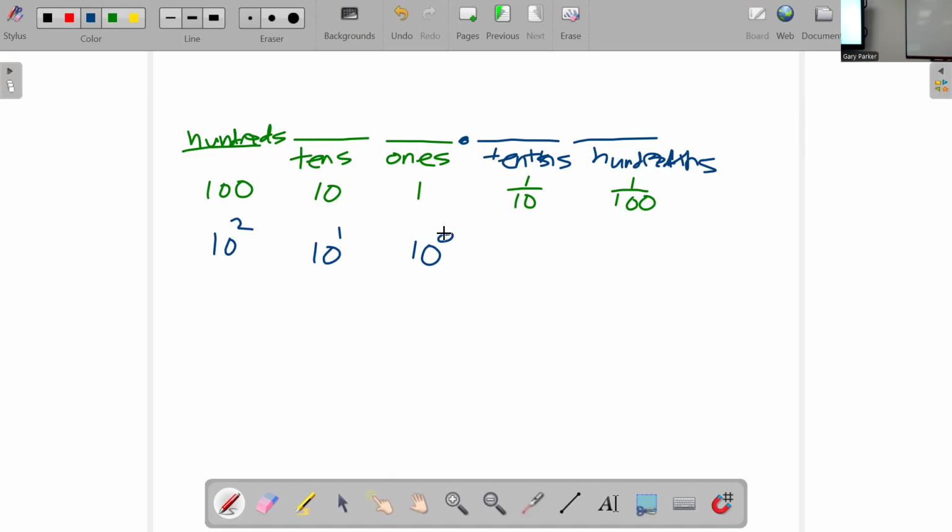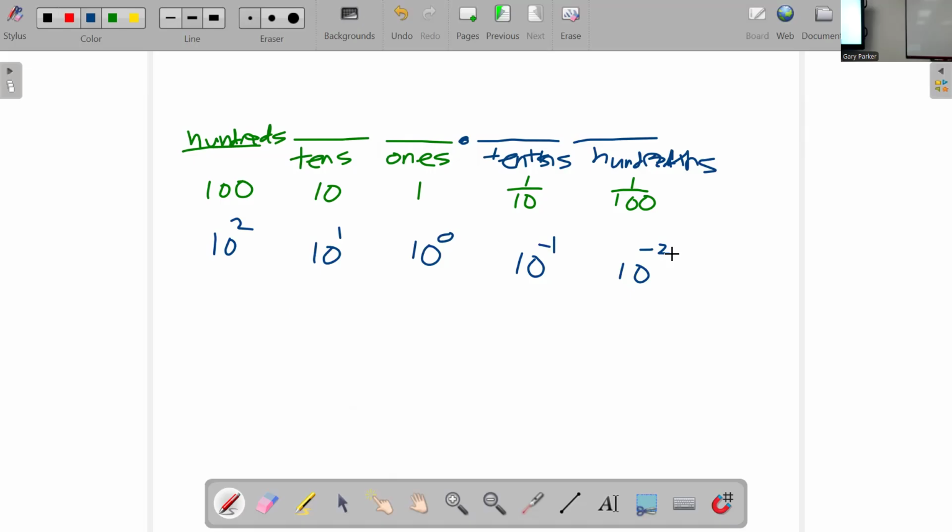Yeah, so a base to the power 0 ends up being 1, so that's our ones place. And then if you think about the pattern here, 2, 1, 0, what number on the number line might come next? Negative 1. So it turns out 1/10 is 10 to the negative 1, and 1/100th is 10 to the negative 2.